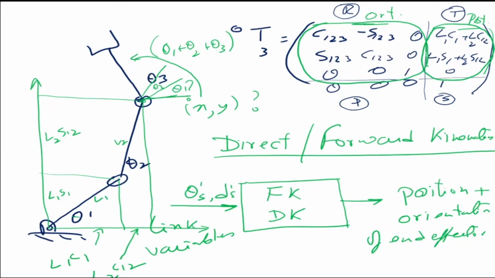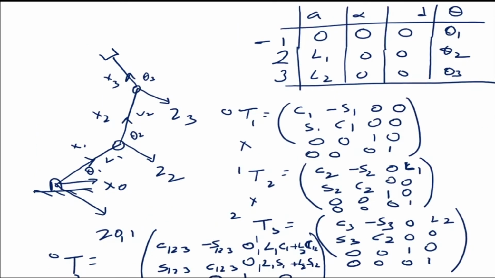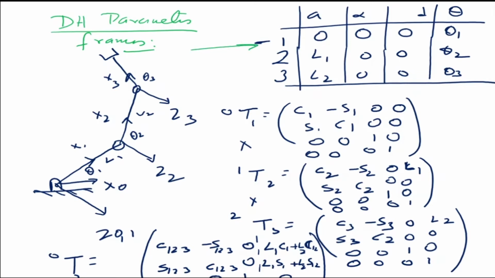How did we get it? Please note, first we assigned the frames by following the DH method, from which we derived the DH parameter table. Then we took the DH parameter table one row at a time and got these matrices, which relate one frame to the other frame.